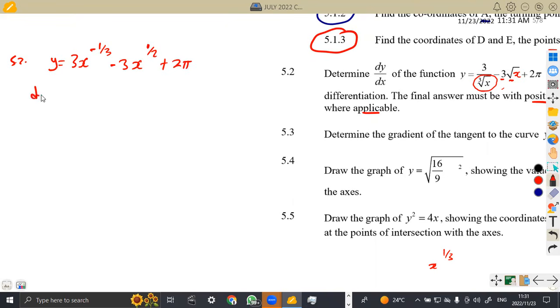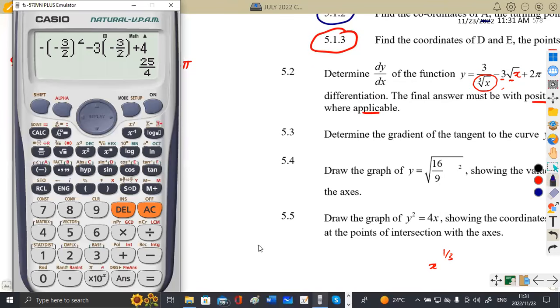So let's find dy/dx. Take note, this is the derivative of y with respect to x. Remember the concept: we drop the exponent and we multiply. So it's going to be 3 times, if we drop this exponent, which is minus a third, we multiply by minus a third x. Then we subtract 1 from the exponent, so it's minus a third minus 1.